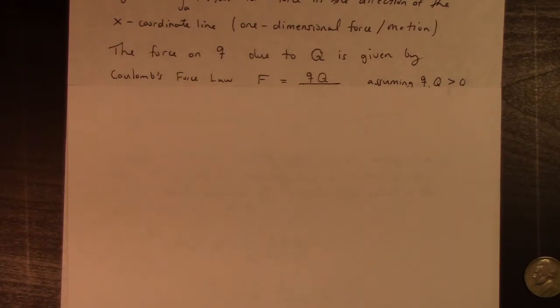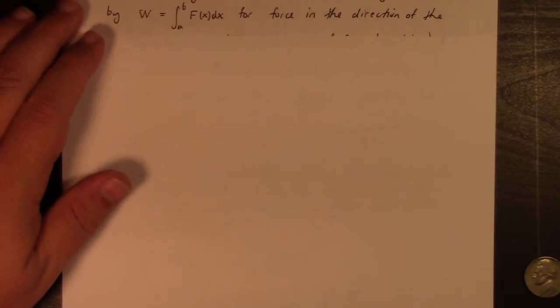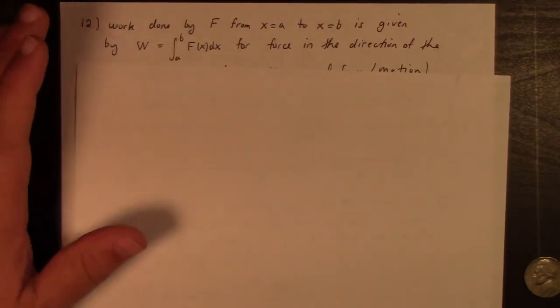Ooh, work done. I don't think we've done one of these yet. So you may or may not know this, but in basic physics, work is what? There are different levels of sophistication with which we can view the problem of calculating work.